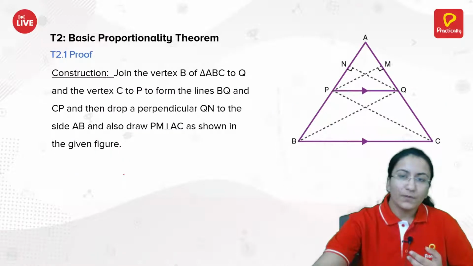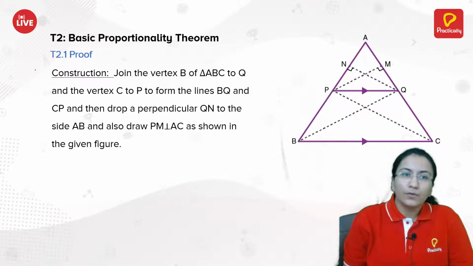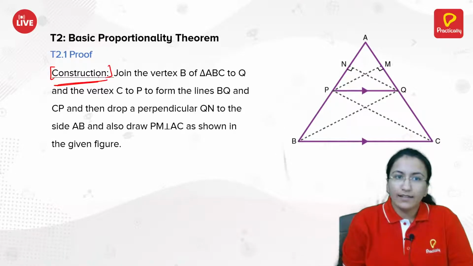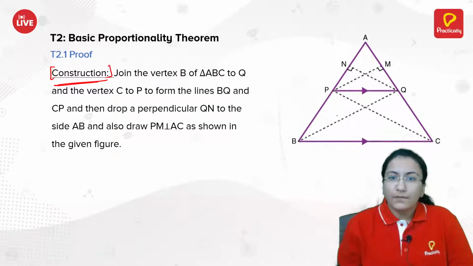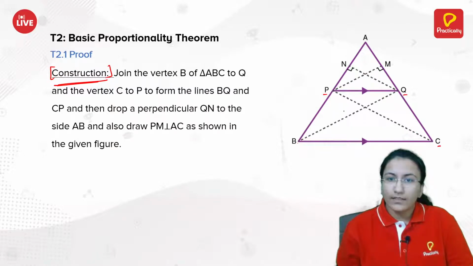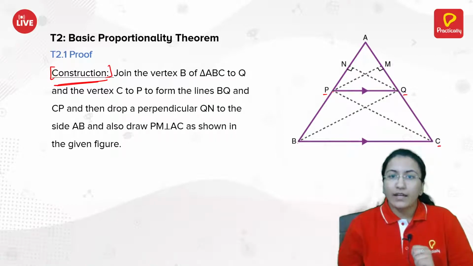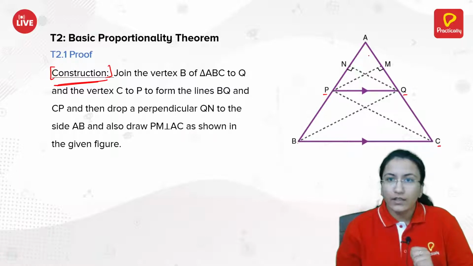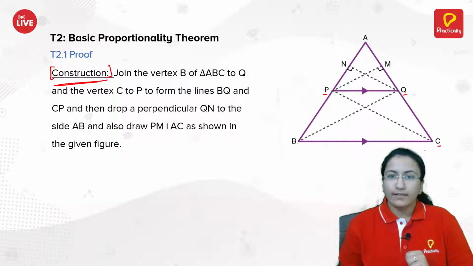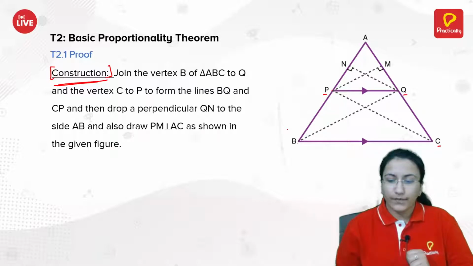So for proving this, what you need to do is a construction. What exactly is the construction? I have joined point B with Q and I have joined point P to point C, right? These points are just joined to each other. What is the next construction over here? I have drawn a perpendicular on AC through P, that is PM is drawn perpendicular to AC and QN is drawn perpendicular to AB, right?